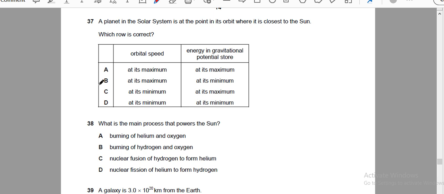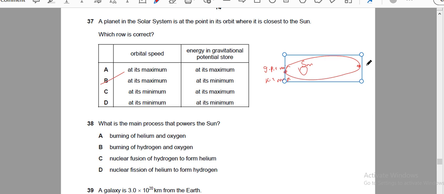Okay, you should remember that in the orbit, sun is here, the closest point, gravitational potential energy is minimum, while kinetic energy or speed is maximum, and at the furthest point, the opposite.